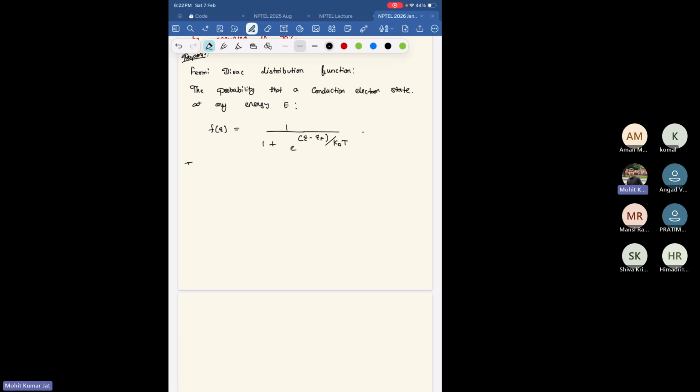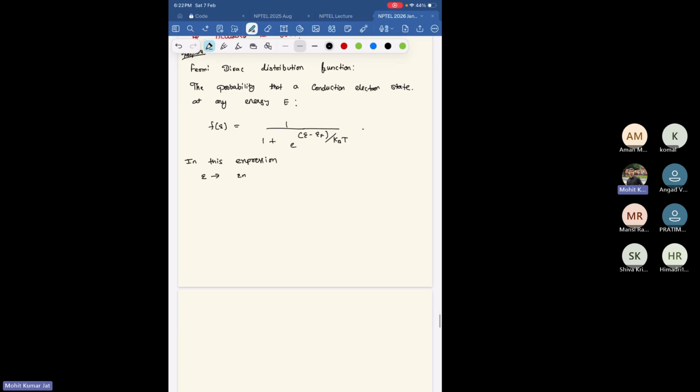In this expression, E is the energy of the carrier. Here, what is the carrier? Electron. kB is your Boltzmann constant. T is your temperature, in this case 800 Kelvin.